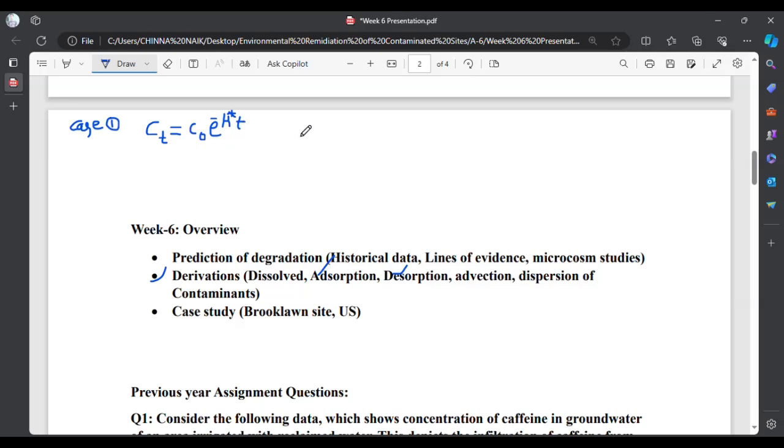Here k dash is the rate constant divided by retardation.